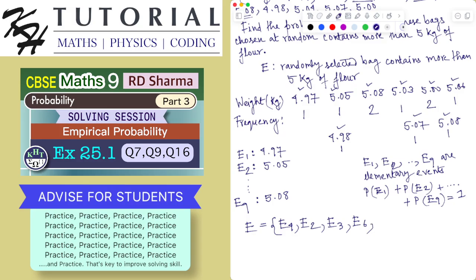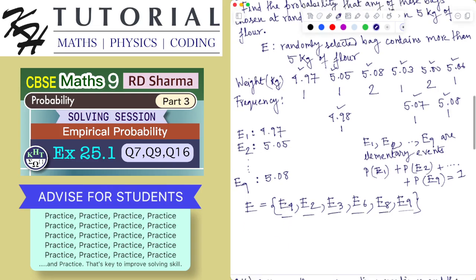It can contain 5.07, which is event E8, and it can contain a weight of 5.08, which is event E9. So the event that the randomly selected bag contains more than 5 kilogram of flour is a compound event, and it is a collection of these elementary events.